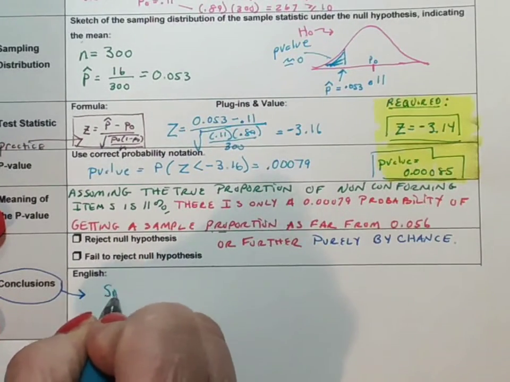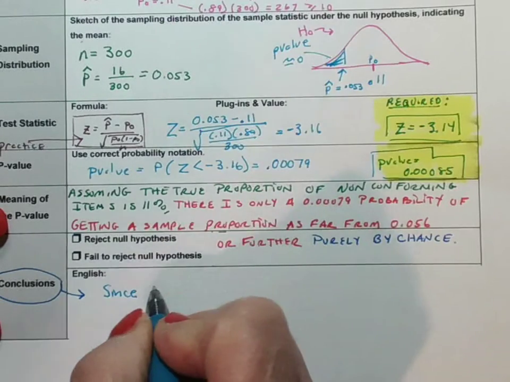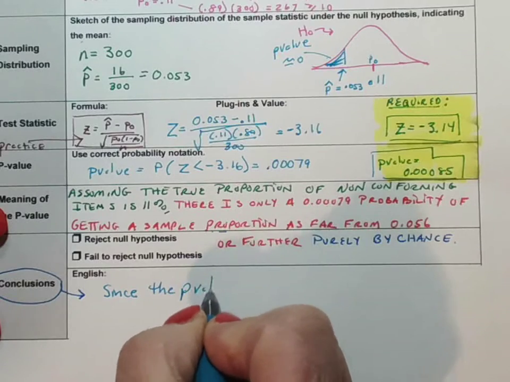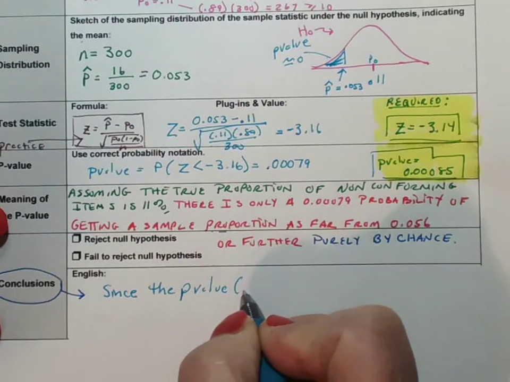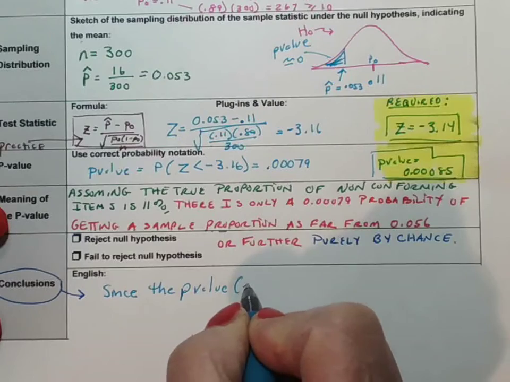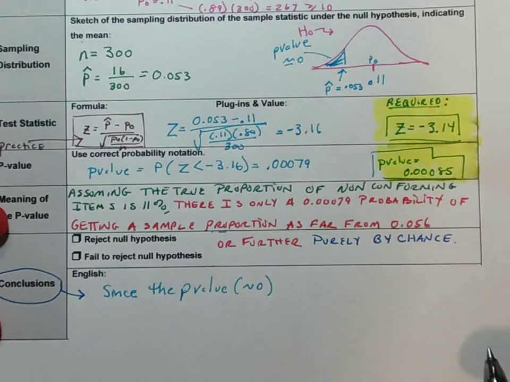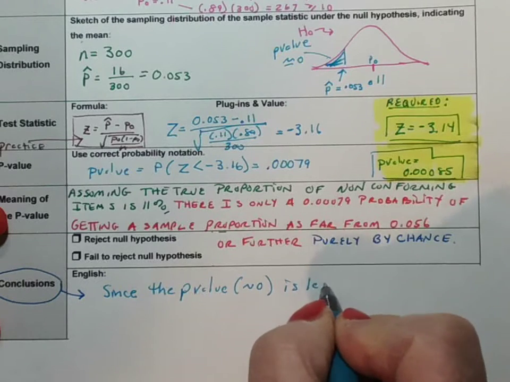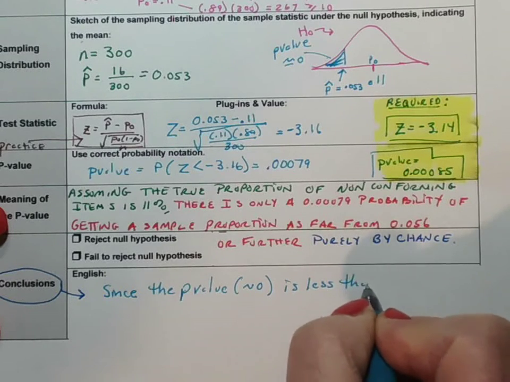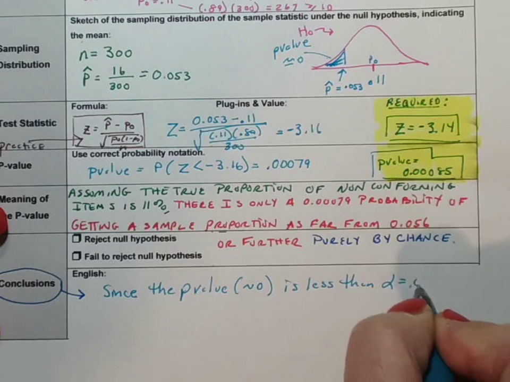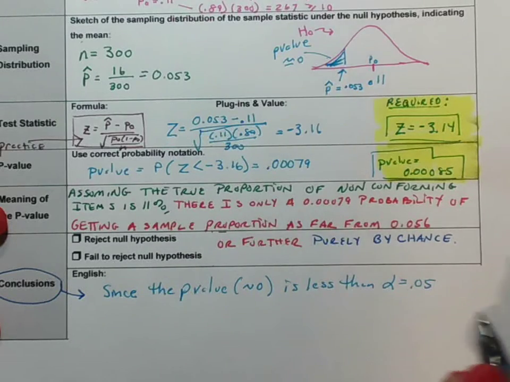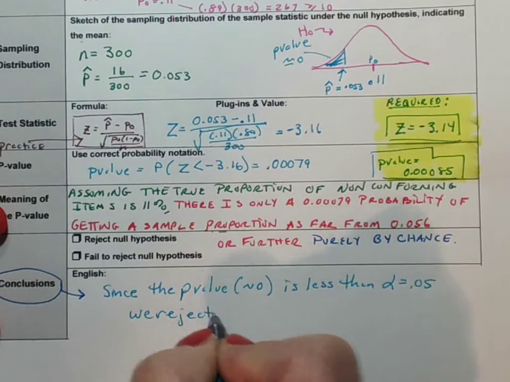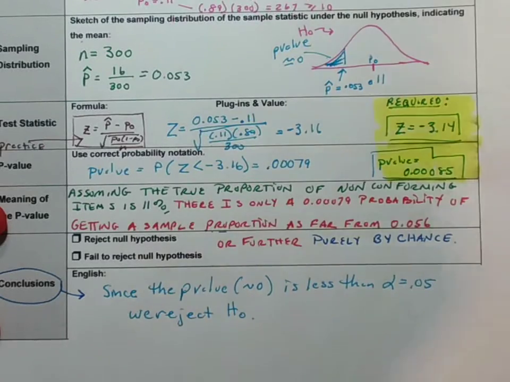So, since the p-value, which is approximately 0, you could do something as simple as that, is less than alpha equals 0.05, we reject the null hypothesis H0.